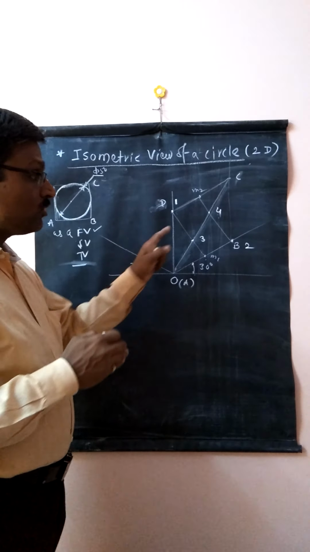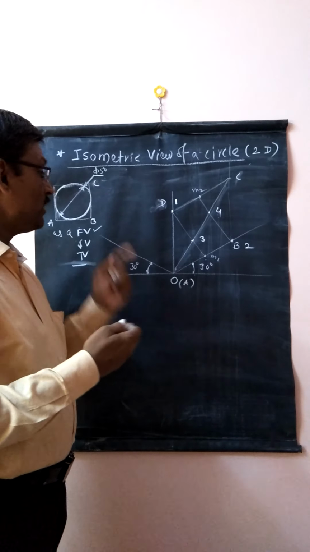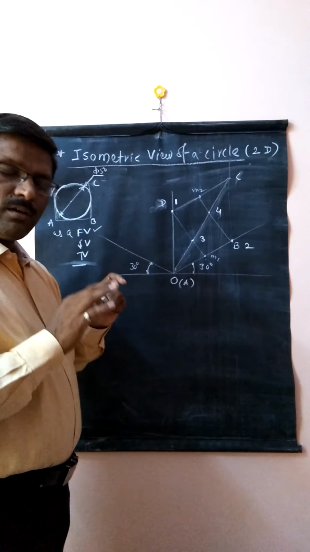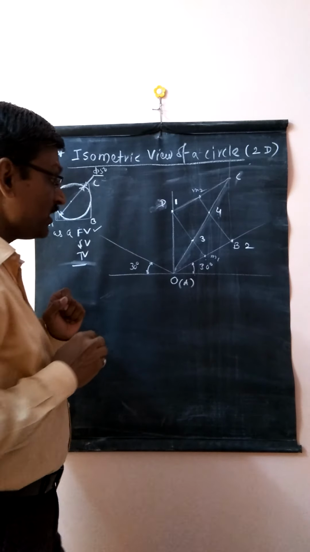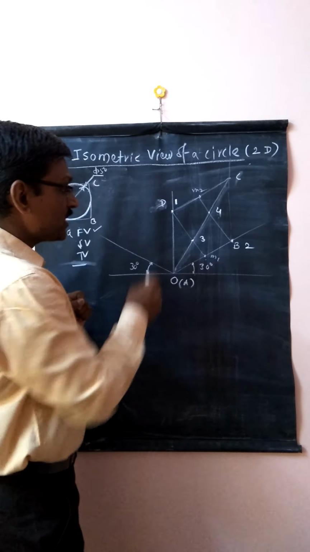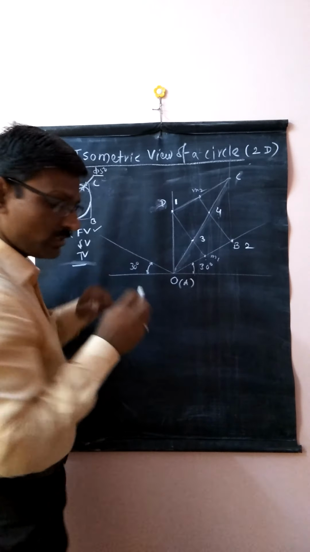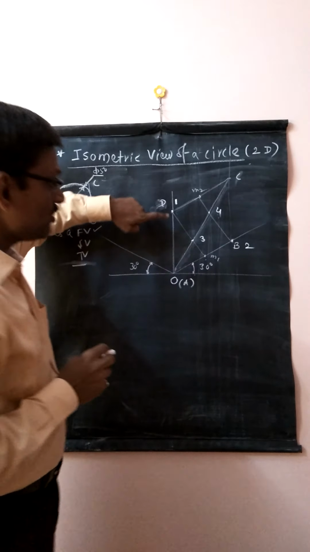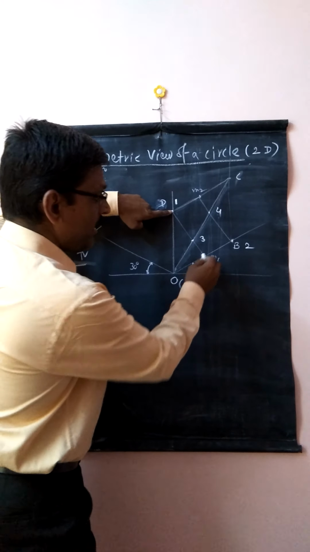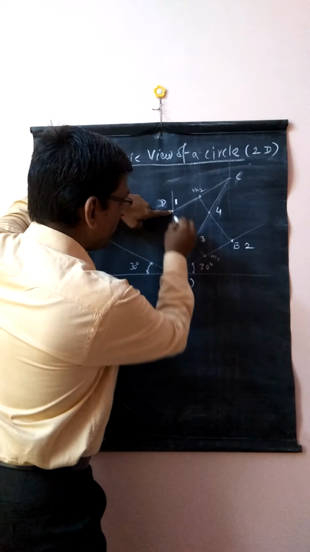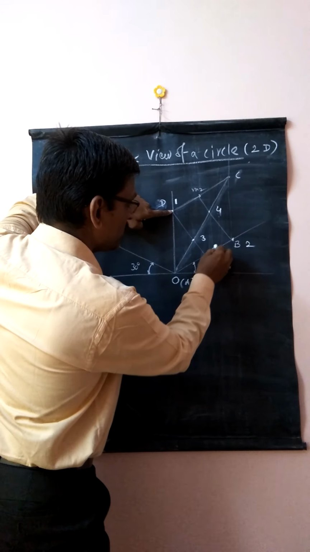Now we will make use of these points for drawing the isometric view of a circle, which is an ellipse. We start with 1. Take your compass, take 1 as center and M1 as radius, and draw in this direction.